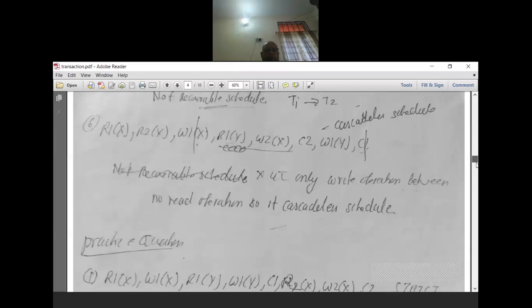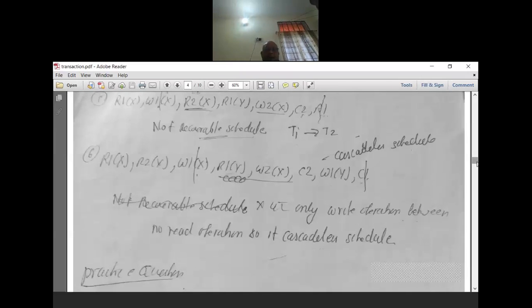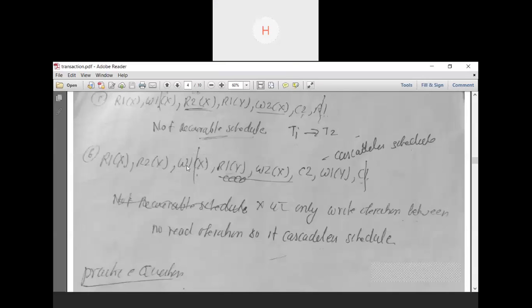Now I will check another one. See here properly. This is the last example I am teaching. First update on data item X. This one. The first transaction is performed. And I am seeing here whether a read or write operation is performed on the same data item. Yes. A write operation is performed on the same data item.